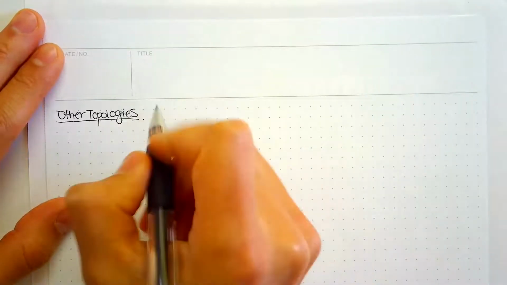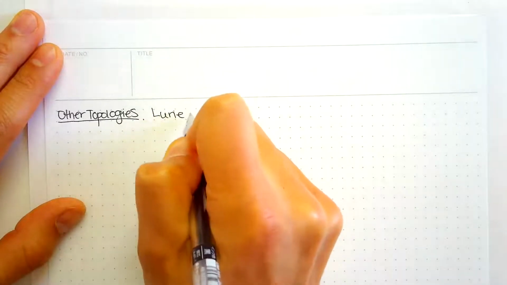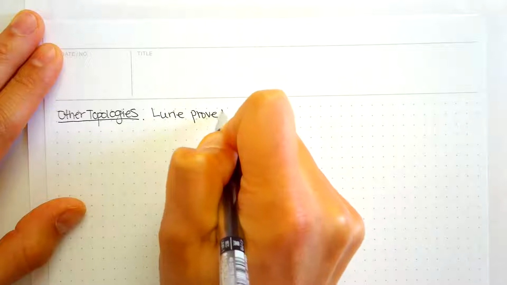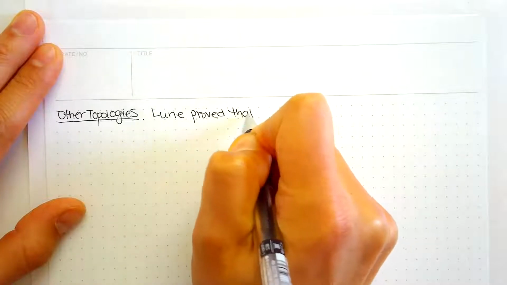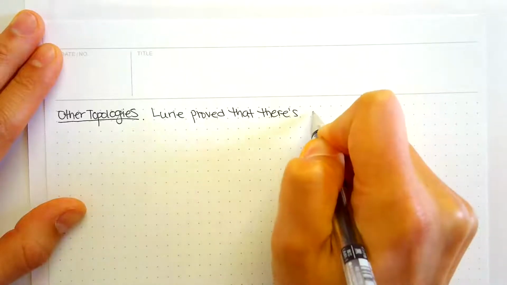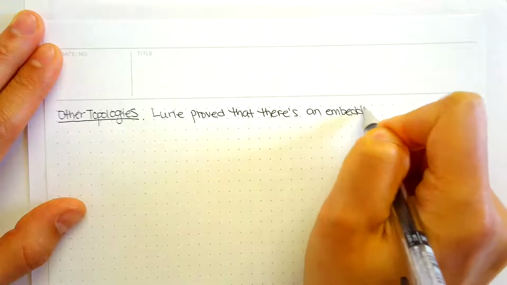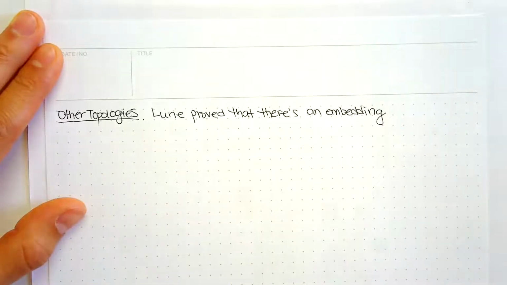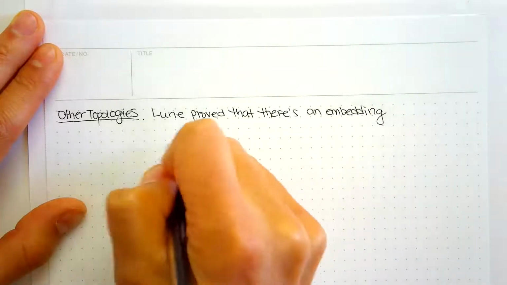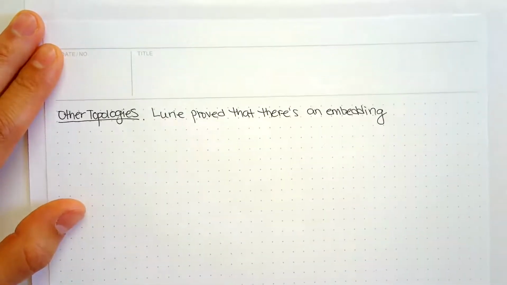So Lurie proved that there is an embedding. Here's where this QCQS-ness comes in.